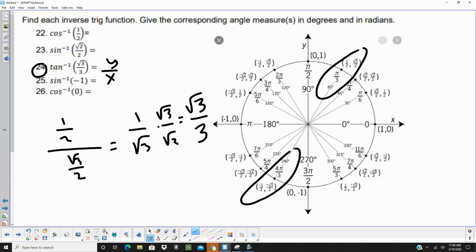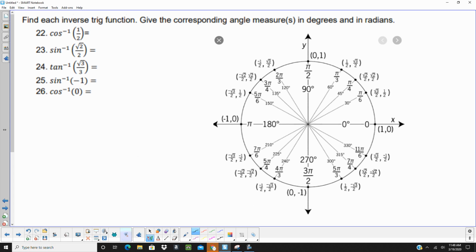Let's go on to number 25. On 25, it's asking us what angle measurement gives us a sine of -1. Well, you're looking where your y-coordinate is -1. That's only going to happen in one spot.